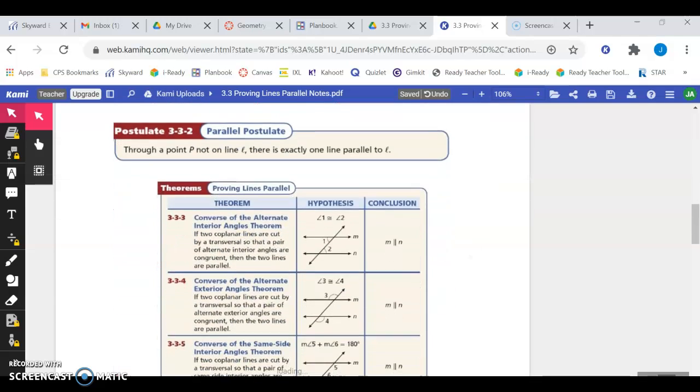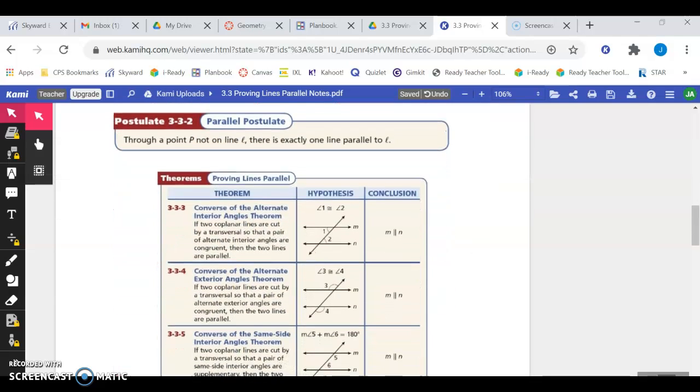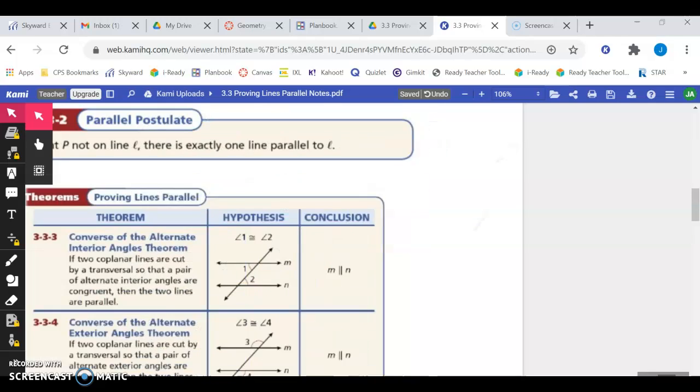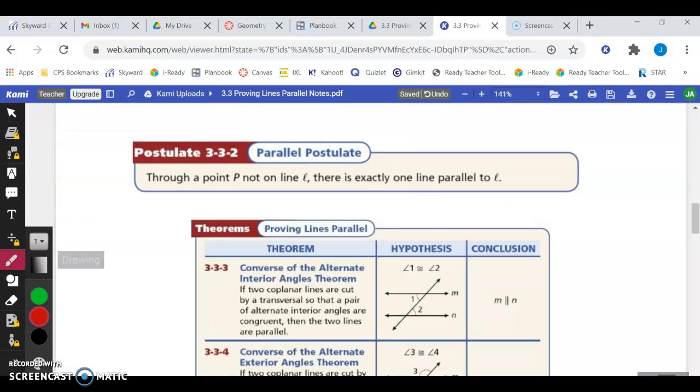Now we have a parallel postulate. It says through a point P, not on line L, there is exactly one line parallel to L. So if I have line L and I have a point P that's not on that line, I can only draw one line through point P that's going to be parallel to L. I can only draw a line like that.